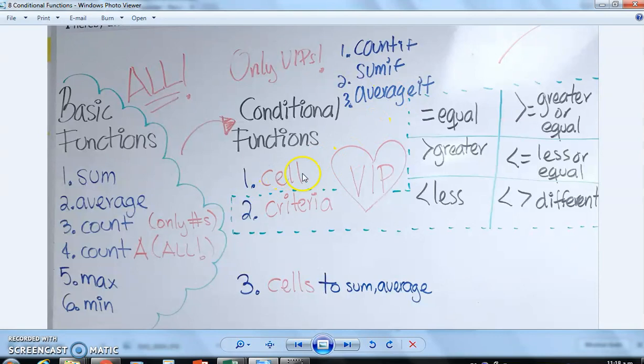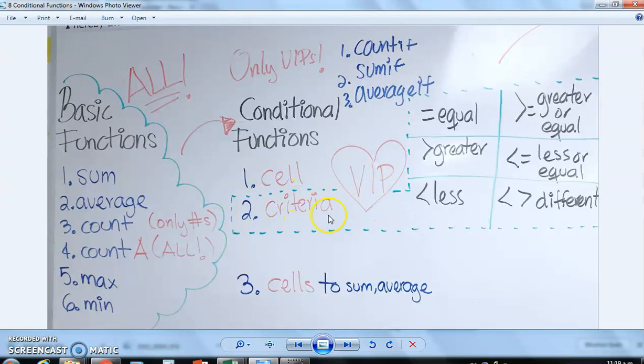So we have to specify three different instructions to Excel. The first two are about the VIP criteria. The first one is the cells containing the information about the VIPs, and the second is the criteria of the VIP. So here basically we're describing to Excel how to identify our VIPs.